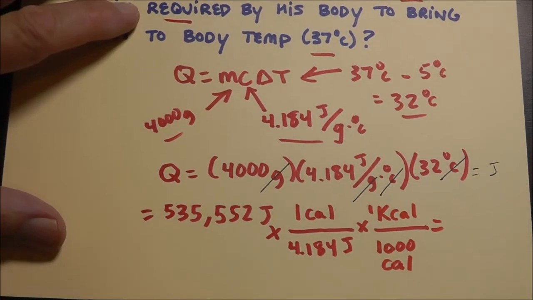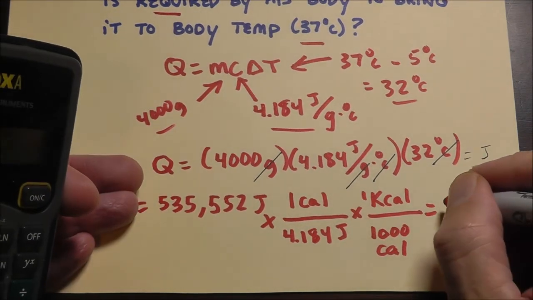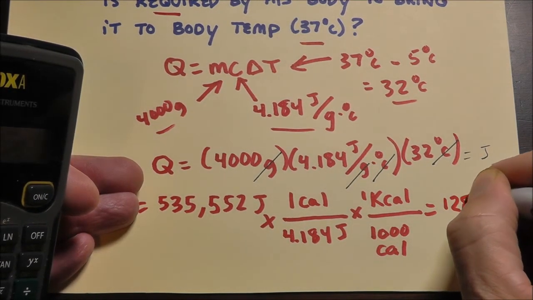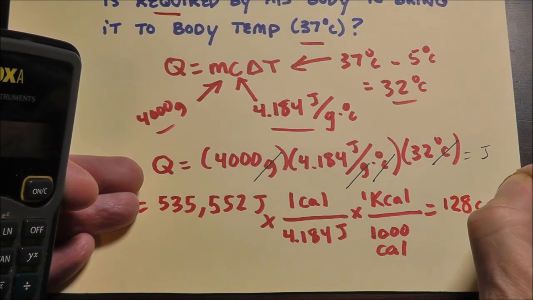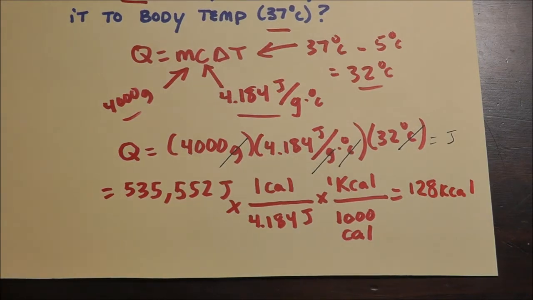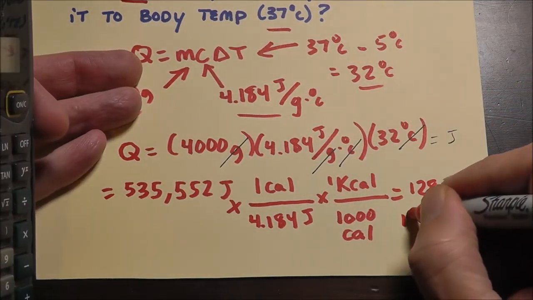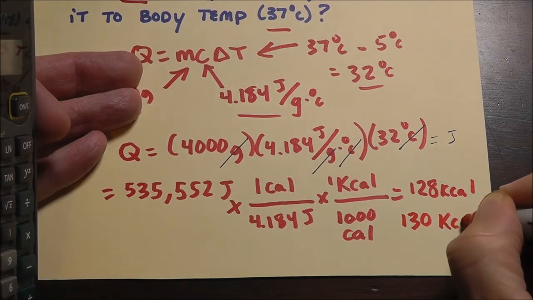And so I am not going to have that incredibly large number of calories, but it's going to be something. 535,552 divided by 4.184 divided by 1,000 is 128 kilocalories. Remember, a food calorie is a kilocalorie. And actually, with two significant figures, I'd probably call that 130 kilocalories.